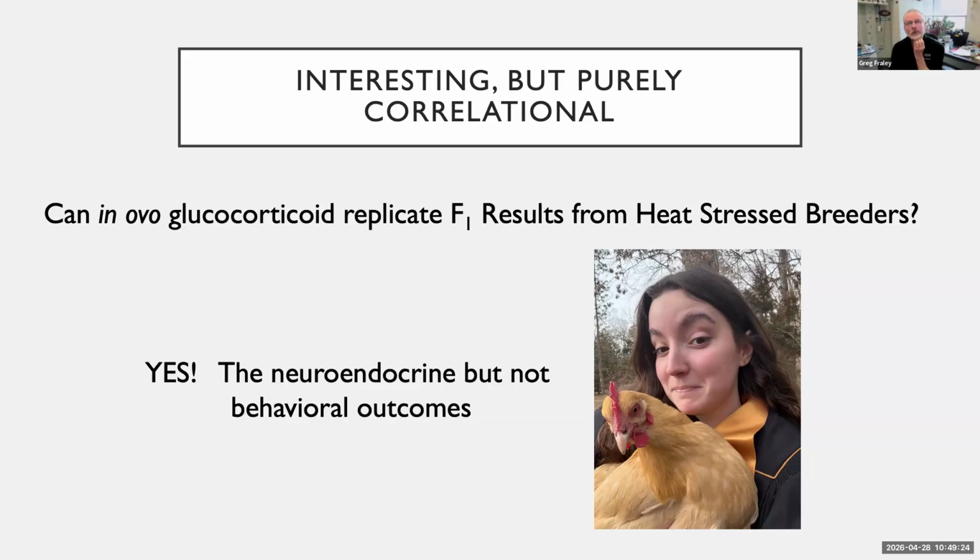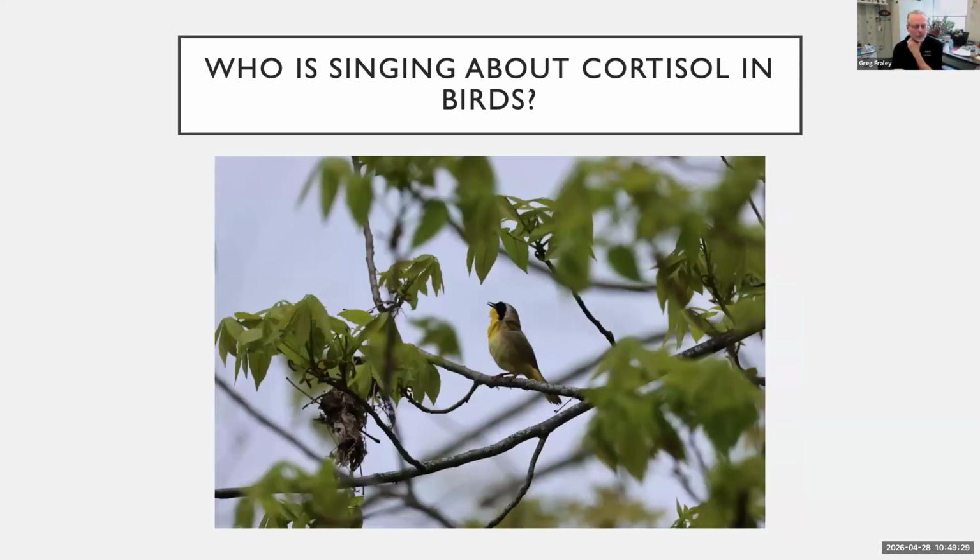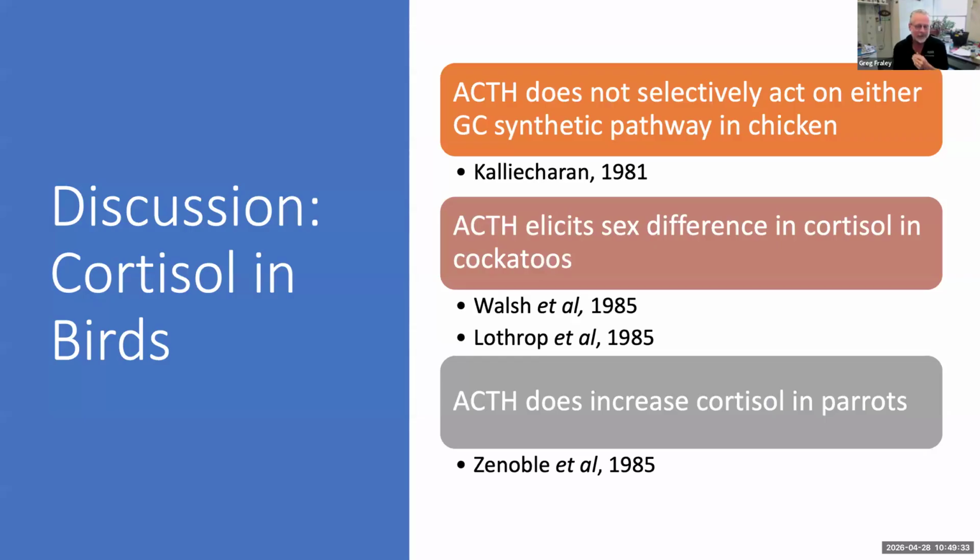Okay. So I've been talking about cortisol, and I just want to wrap up by talking about that for just another minute. Cortisol in birds is not new. Back when glucocorticoids were first discovered in the 1980s, everybody was focused on the fact that birds had both corticosterone and cortisol.